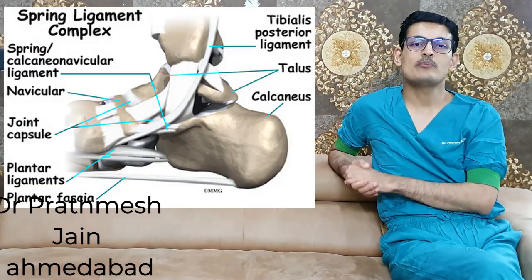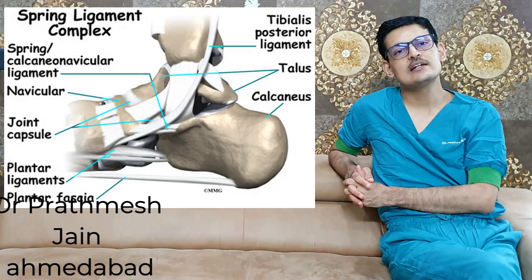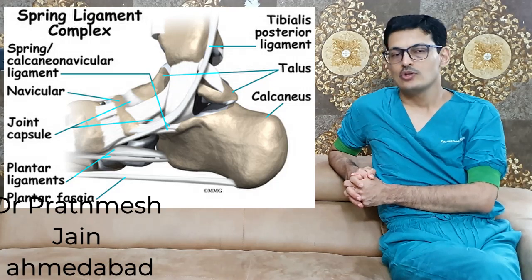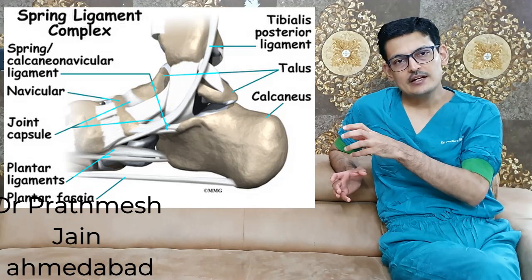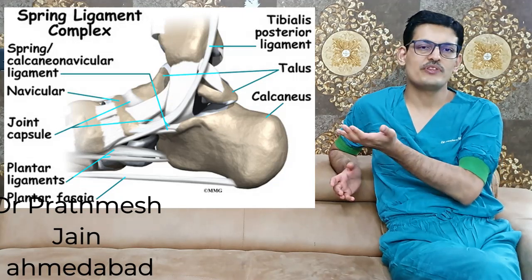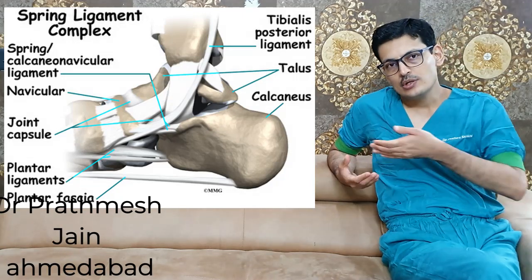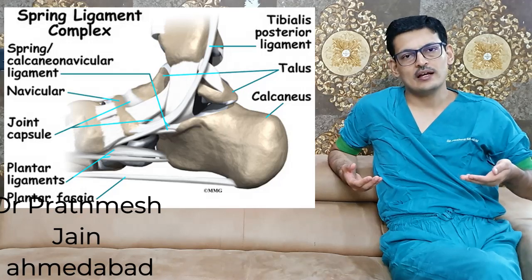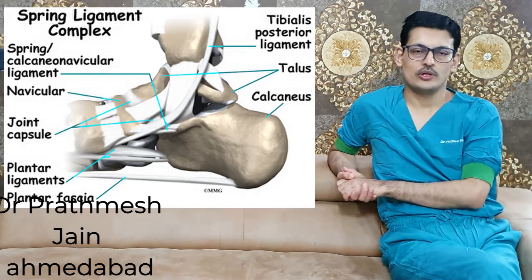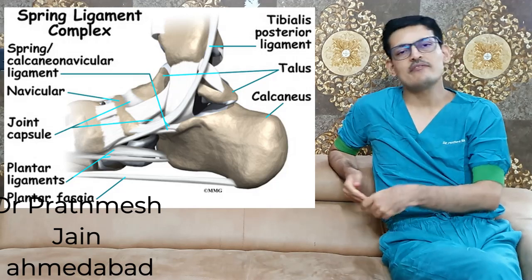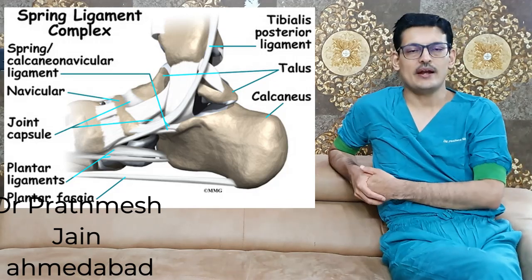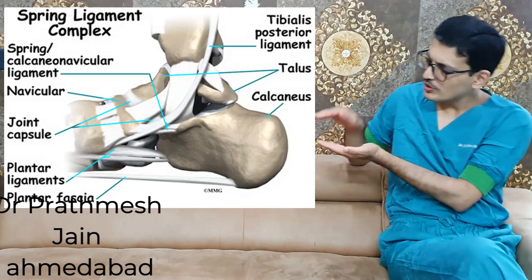Now come the static stabilizers. The most important static stabilizer is the spring ligament. Now what's the spring ligament? Spring ligament is a broad structure and it forms the base of the arch. It goes from the sustentaculum of the calcaneum to the navicular, and it has two bands, an anteromedial band and an inferior band, and it forms a support to the arch.